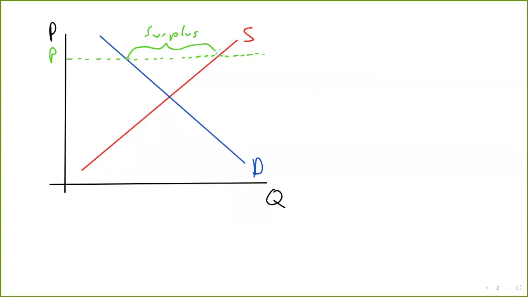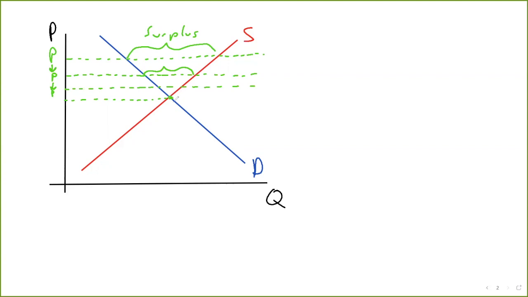They want to get rid of them. And so to increase sales, they lower price, which in turn decreases the surplus. Our surplus got smaller. But they can keep increasing profits by increasing sales if they keep lowering price until they get to the equilibrium value here.